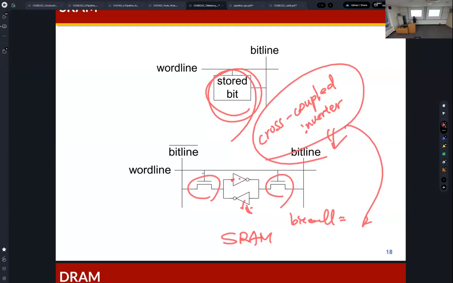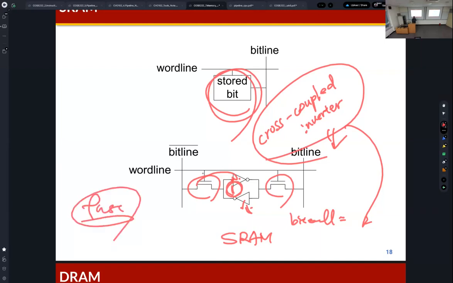As you can see, in the SRAM, the bit data is continuously driven by an active circuit, which means it's fast.